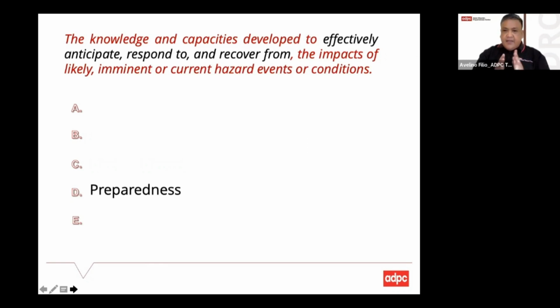Remember, effectively anticipate before it happens. That's why there's what we call prevention and mitigation. Now, respond to, that's why there's what you call preparedness for response and recovery. So it's all about preparedness. Almost done.